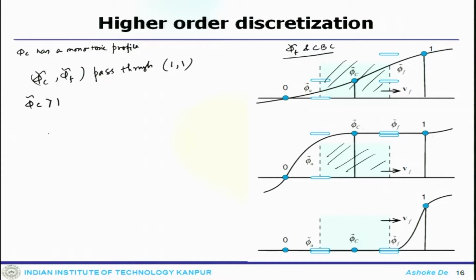So phi f is assigned the upwind value of phi c. This has the effect of yielding the flow conditions which are actually happening physically in the domain.